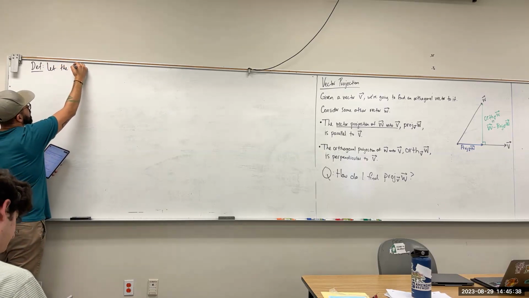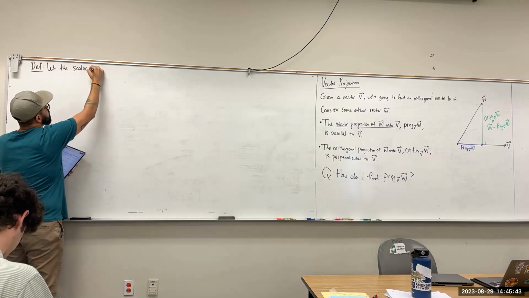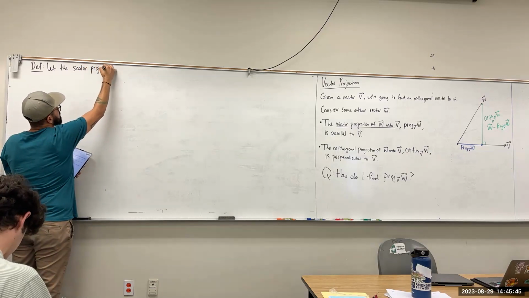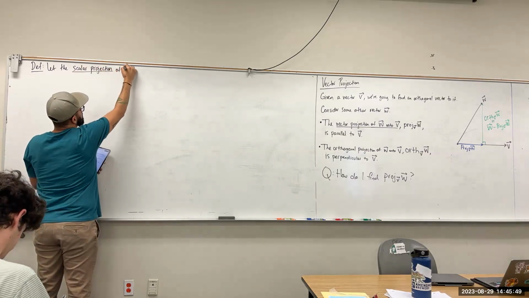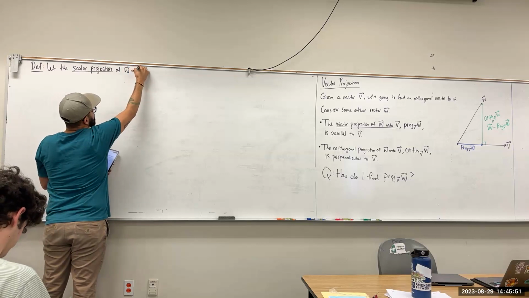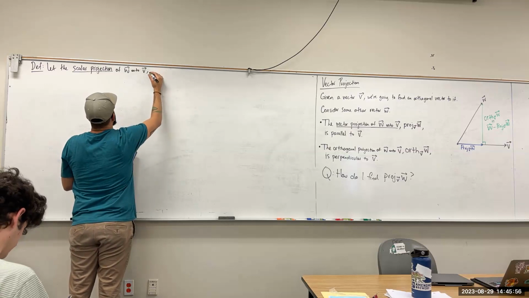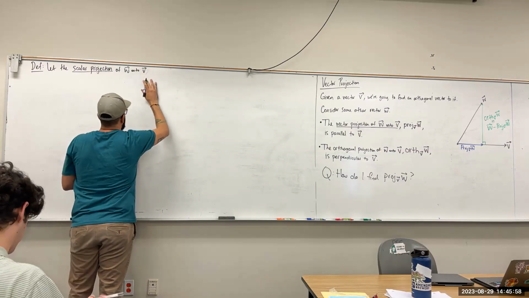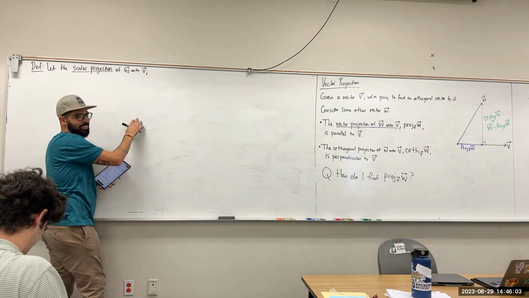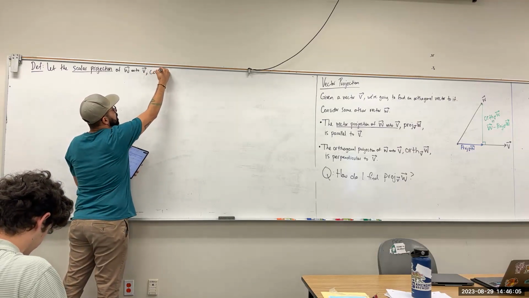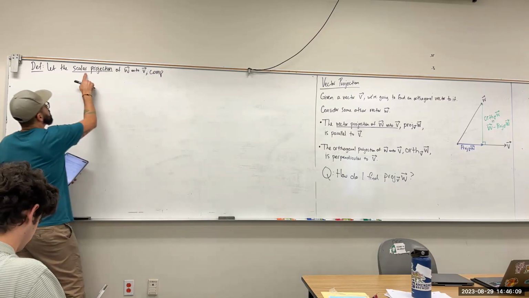Let the scalar projection of W onto V, this one, is not "scalar", it's comp, for components of the vector. This is called scalar.